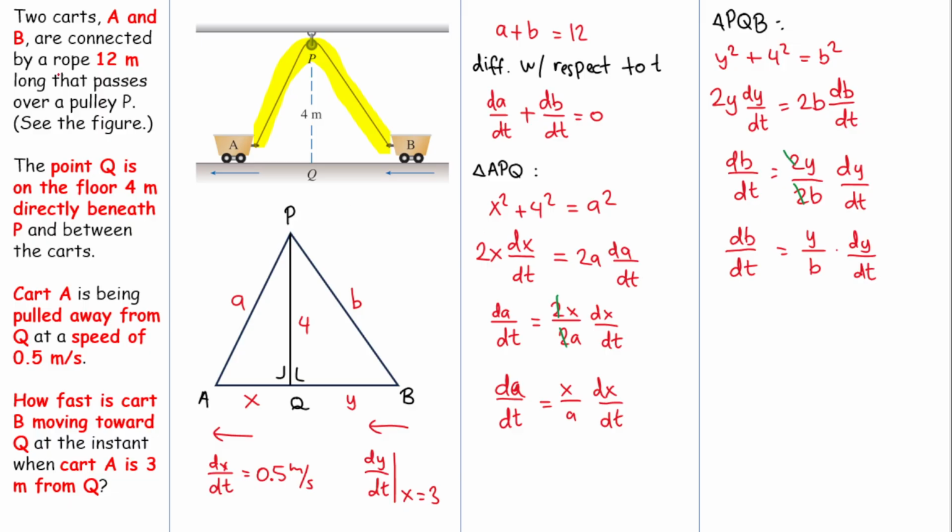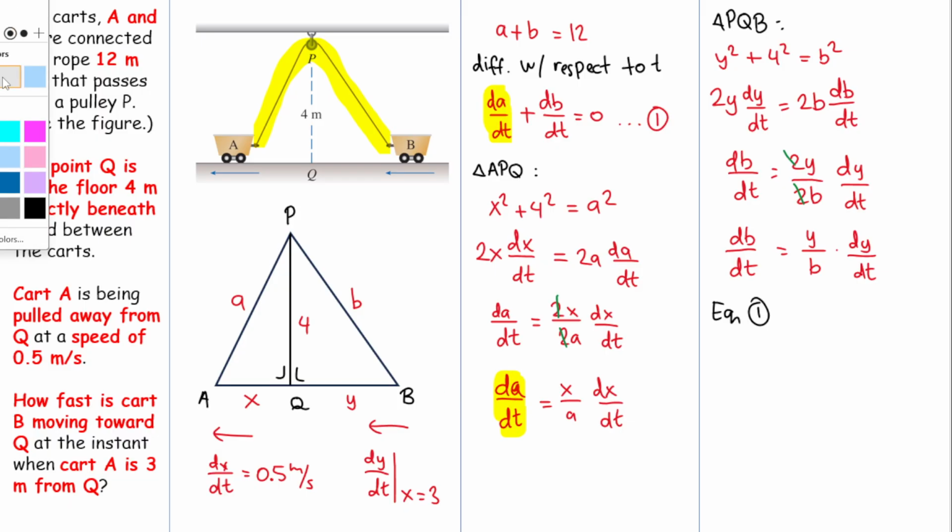Okay, now what can we do here? We can substitute into equation number 1. So let's plug in to equation number 1. How to plug that in? Remember that we have dA dt on this side here, so we need to plug that in. And we also have another dB dt here, so we need to plug this in.